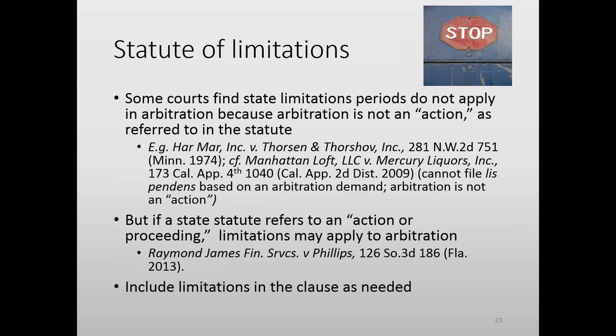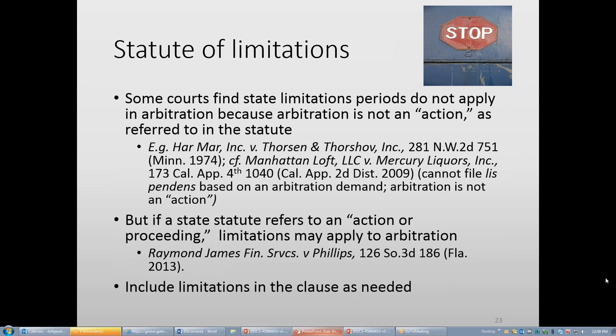Okay, one other thing I'd like to, go ahead. Before we get to the statute of limitations, Mary Ann did have a question about including what type of award you're going to have pursuant to your arbitration agreement. And to me, that's an important decision, particularly in a patent context, because the default, if you read the rules carefully, under the AAA rules, for example, Rule 46B, it says the arbitrator need not render a reasoned award unless the parties request such an award in writing prior to the appointment of the arbitrator, or unless the arbitrator determines that a reasoned award is appropriate.